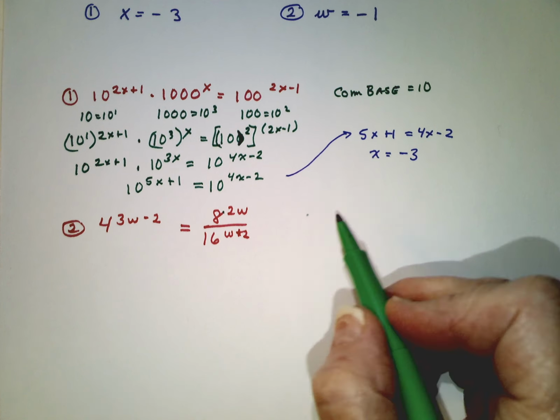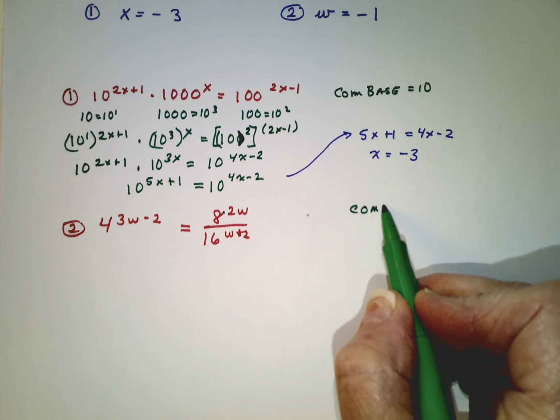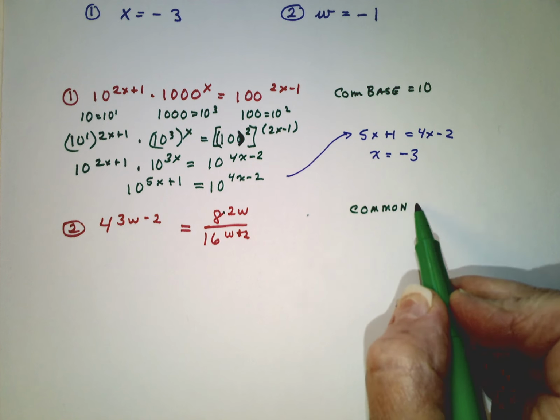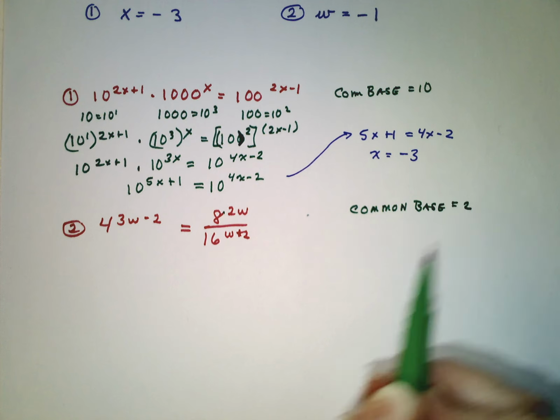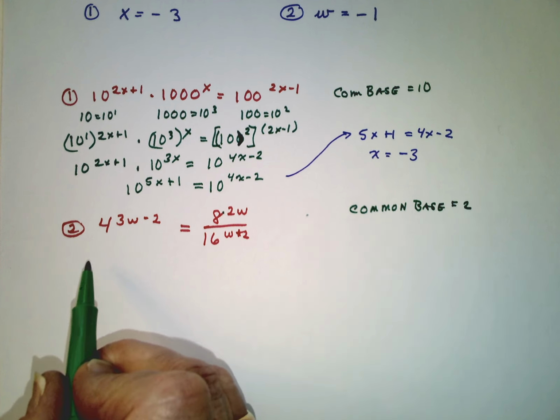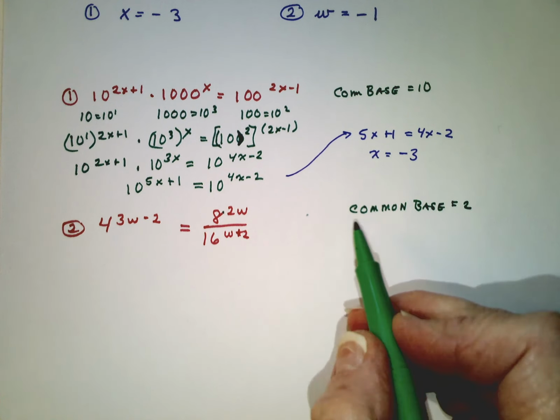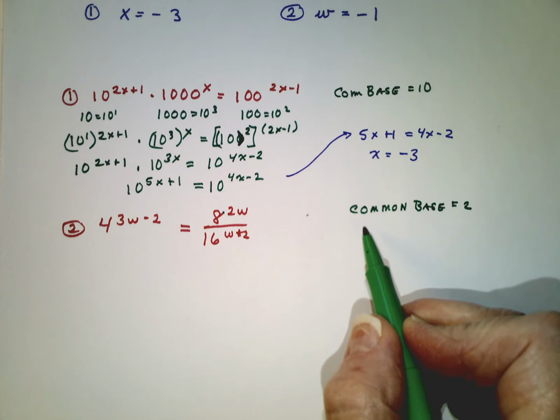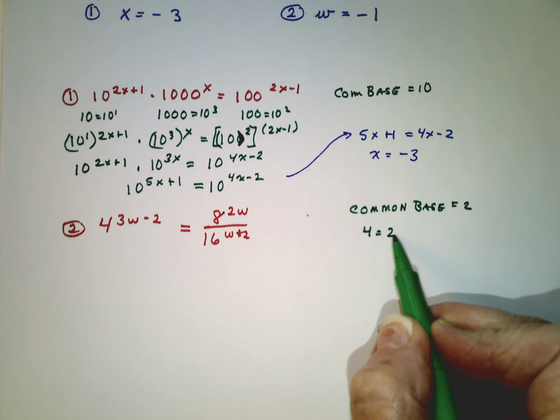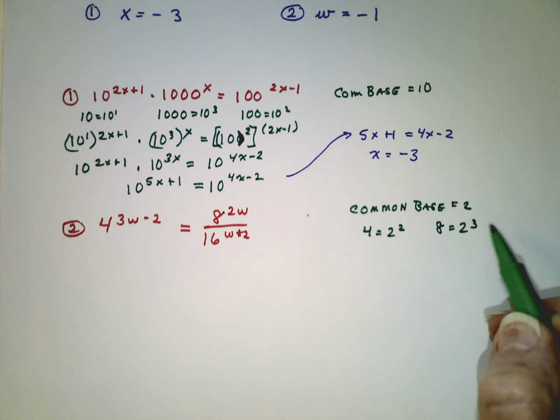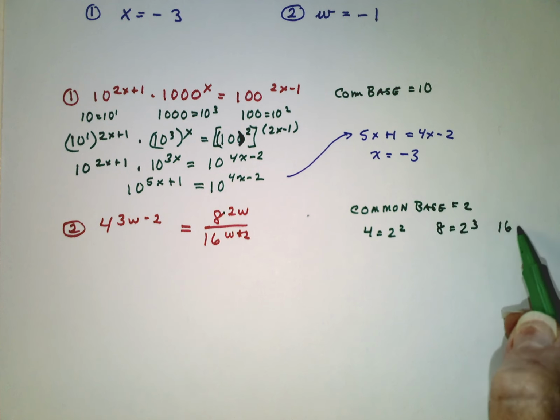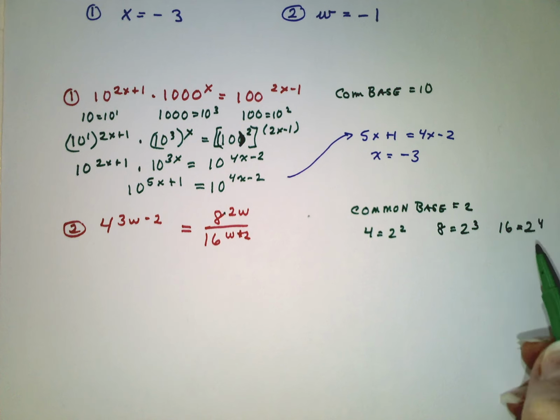We're going to use a common base of 2. So we're going to rewrite the 4 as 2 to the second. We're going to rewrite the 8 as 2 to the third. And we're going to rewrite the 16 as 2 to the fourth.